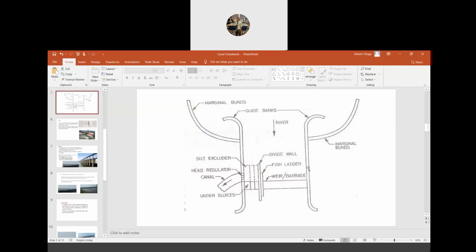In case we divert the water here also, the weir will be only up to this part, and then here we need to construct again the undersluice as well as the fish ladder and the divide wall, in case we divert the water on this portion also. So wherever there is a canal, we have to provide the undersluice, the divide wall and the fish ladder on the same side as the canal. Okay, so this you have to remember.